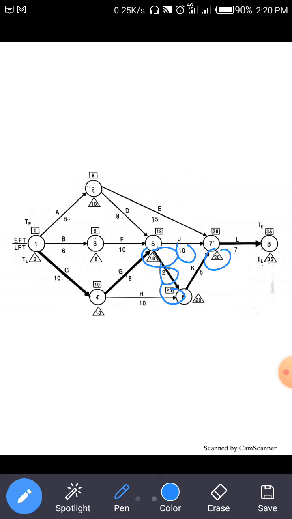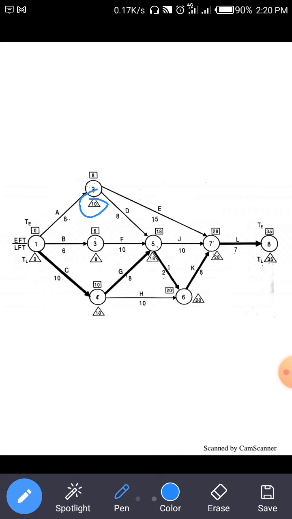Then for node number 2, there are two arrows, 2 to 7 backward and 5 to 2. So 28 minus 18 is 10 and 18 minus 8 is also 10. Clear? So here the minimum value is 10.